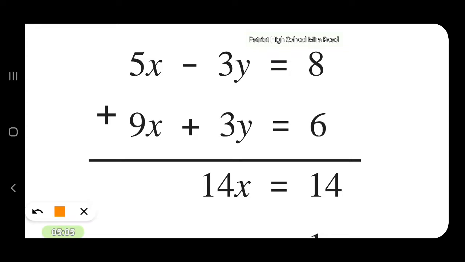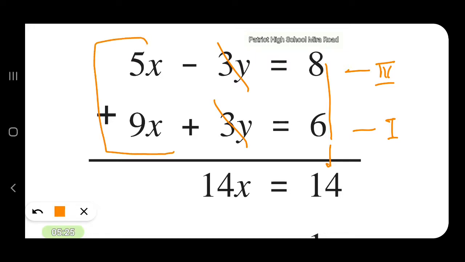We can see it again. The three equations, this is equation number 3, this is equation number 1. We are adding this. 8 plus 6 will give us 14, minus 3y plus 3y will get cancelled, so we need not write 0 also. And the sum of 5 plus 9, because 5 is the coefficient of x, 9 is also the coefficient of x, so we can add the coefficients.